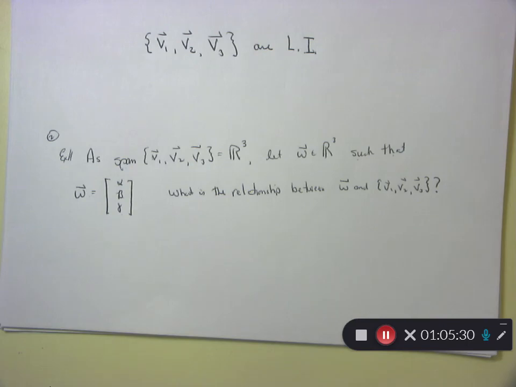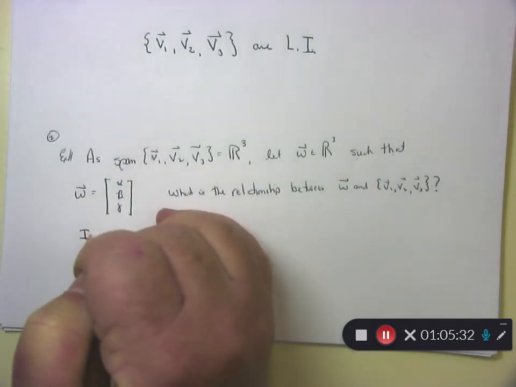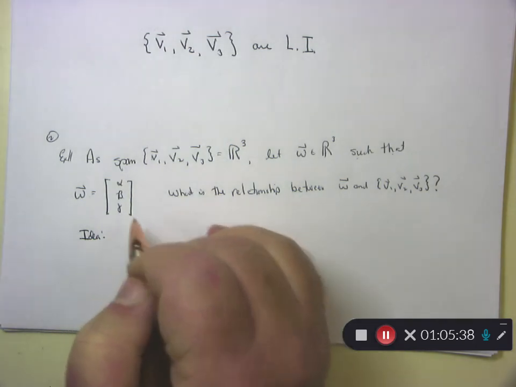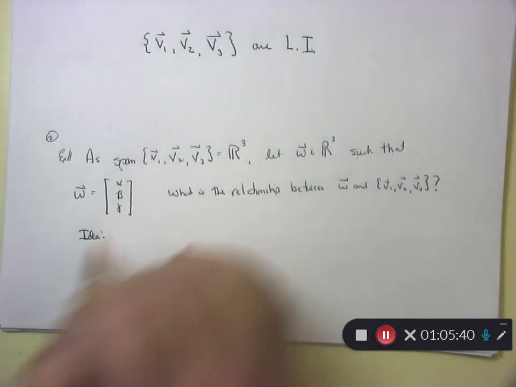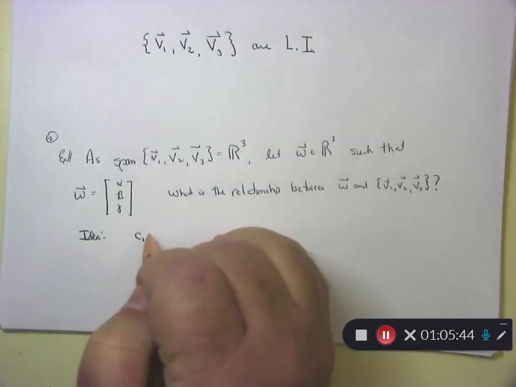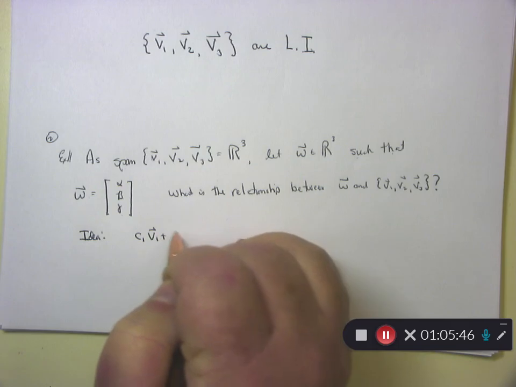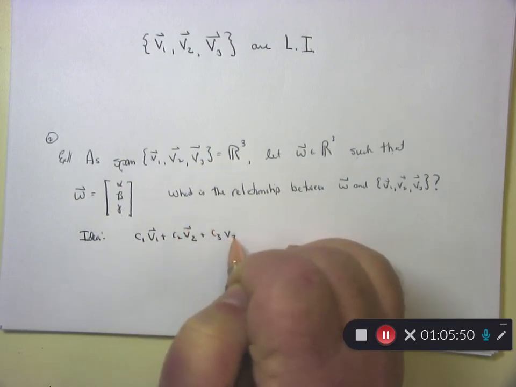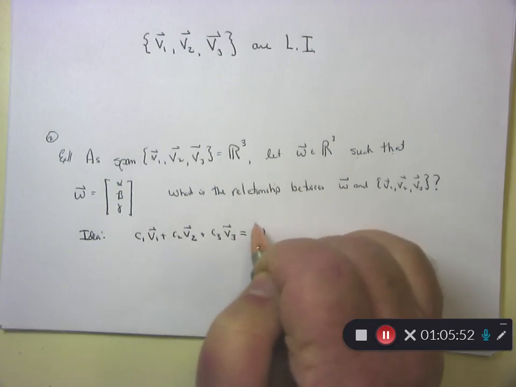So, here's the idea, just to inform you. W is equal to this guy. So, what's the relationship between the two? Well, I can take C1 times vector V1 plus C2 times vector V2 plus C3 times vector V3, and set it equal to the W vector.